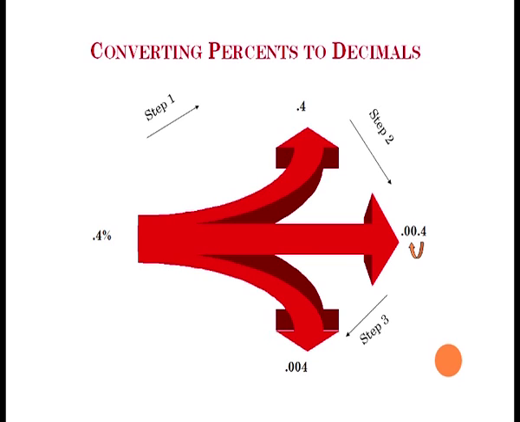When converting 4%, we write 4 as 4.0, and we move the decimal point 2 places to the left, we will get 0.04.